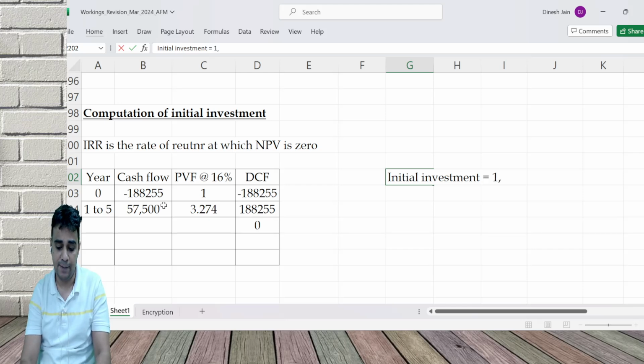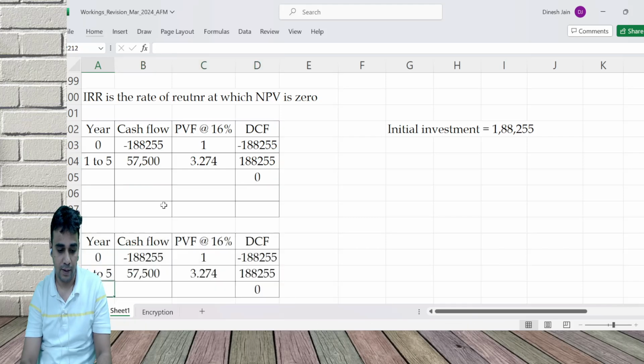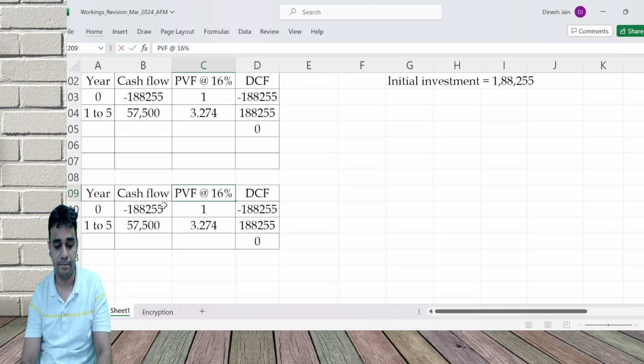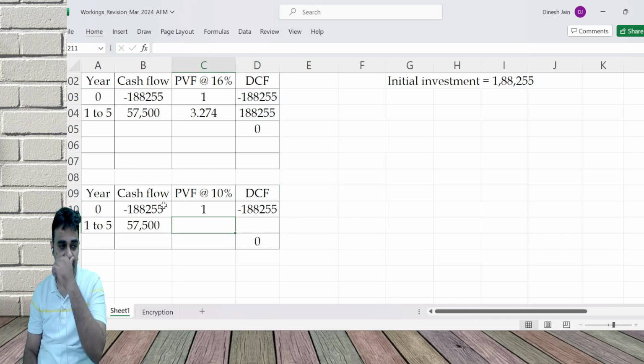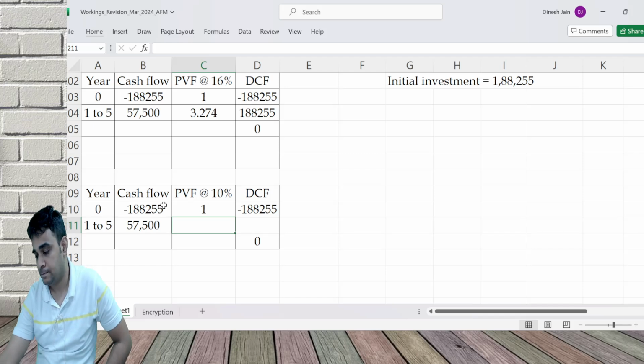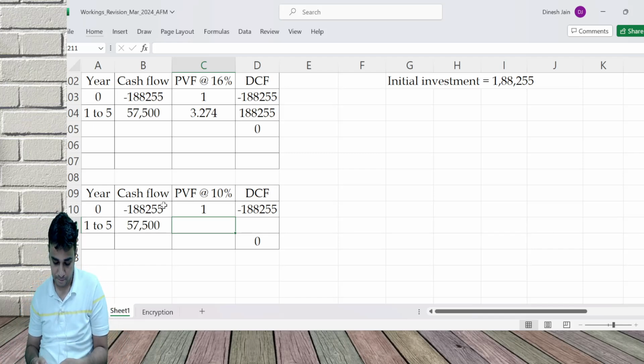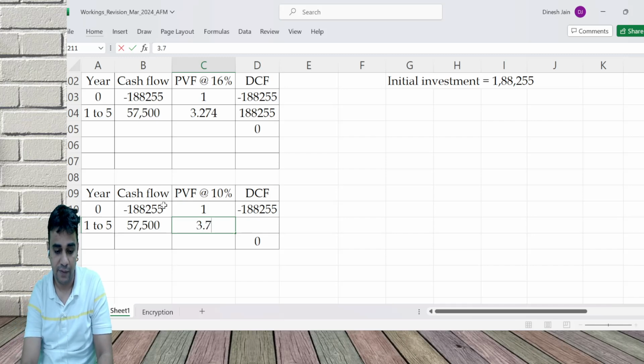I will repeat this table now at 10%. The factor is 3.79.